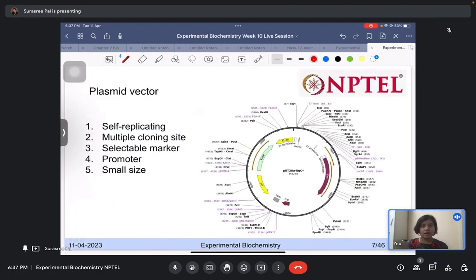Now let's talk about the plasmid vector. There are several important features of this plasmid vector. The first one is that it is self-replicating.